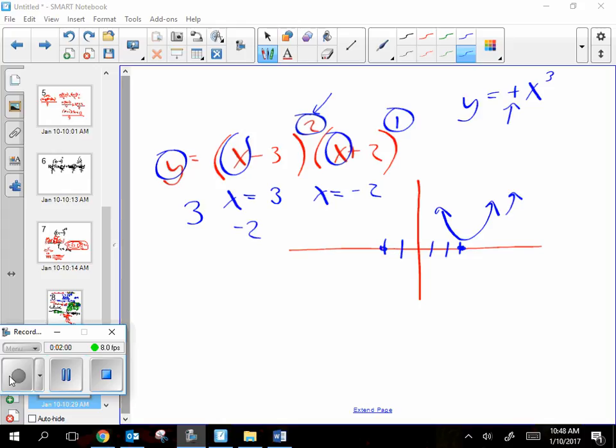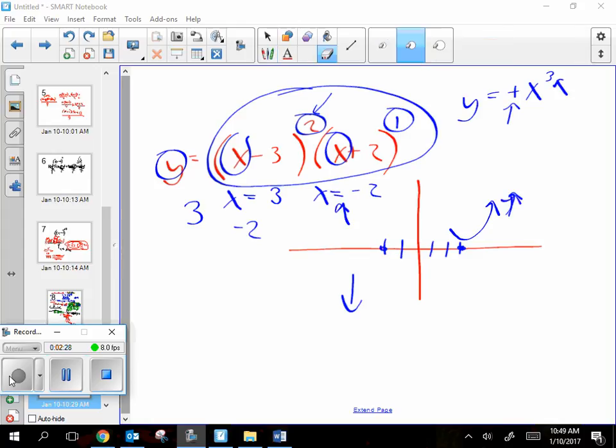Then, to figure out whether it's going up or down on the left, I look at the total degree. Do you get that if I multiplied this puppy all the way out, it would have degree 3? That tells me that 3 is an odd number, and therefore they're going different directions. If it was going up on this side, it would be the same as that side, and same is not odd.